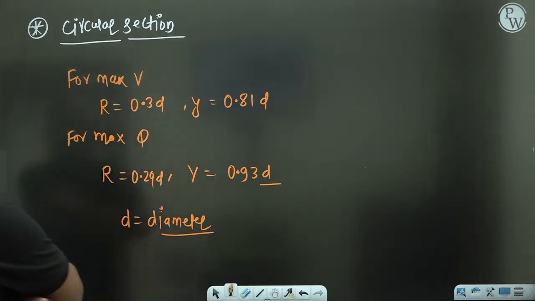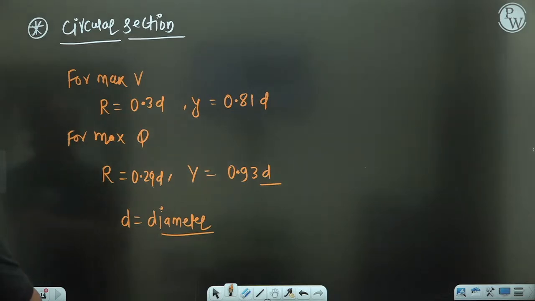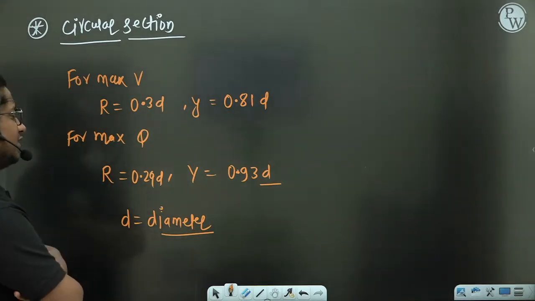So in the circular section, for maximum V, R is equal to 0.3D and Y equal to 0.81D. For maximum Q, R is equal to 0.29D and Y equal to 0.93D.